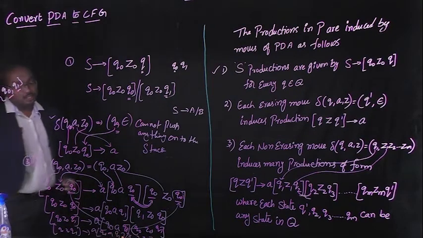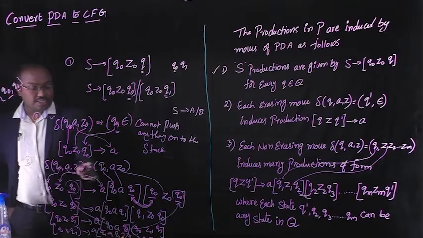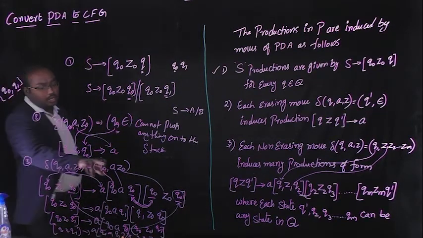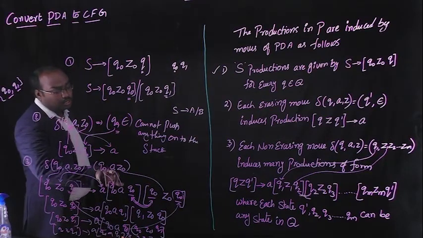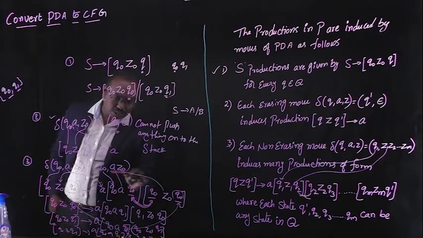So these are the possible productions. These are the 4 productions for this transition q naught A Z naught, that is equal to pushing the element onto the stack. Here I am pushing the elements A Z naught, these are the 2 symbols.